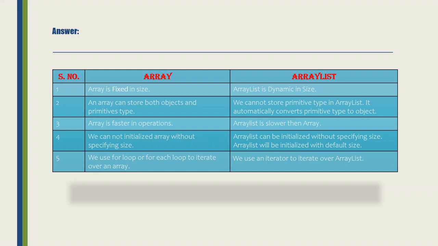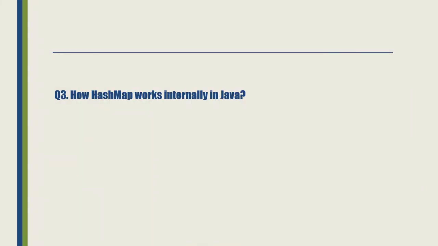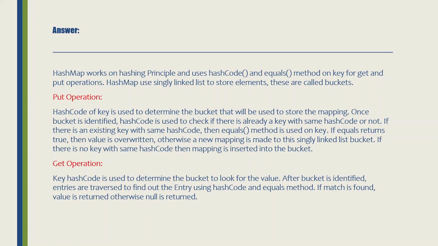Now I am quickly switching to the third question: how hashmap works internally in Java. Now this is again from the collections framework. Because hashmap is a little bit difficult comparatively with the array and array list, you should prepare it well. And I have also added how put operations work and how get operations work in hashmap.